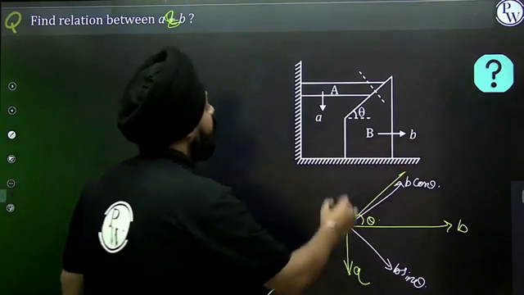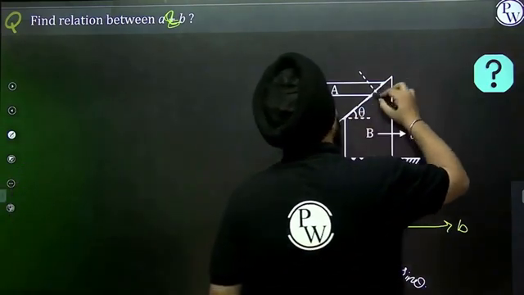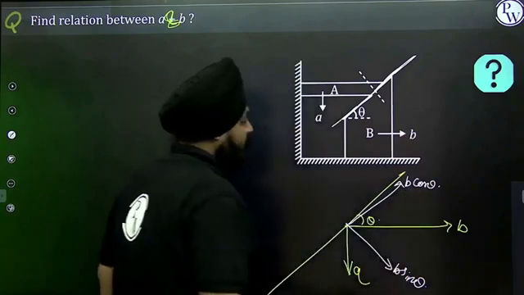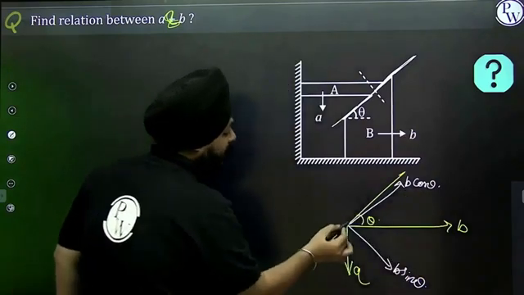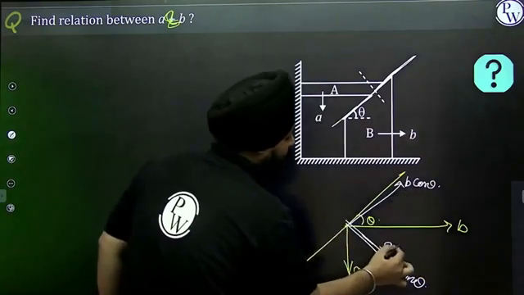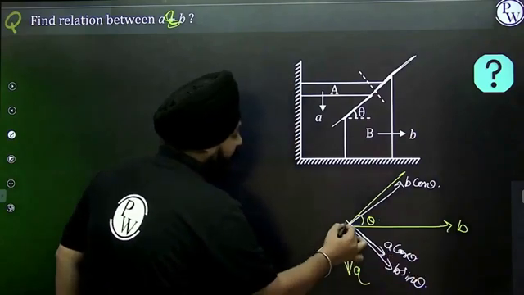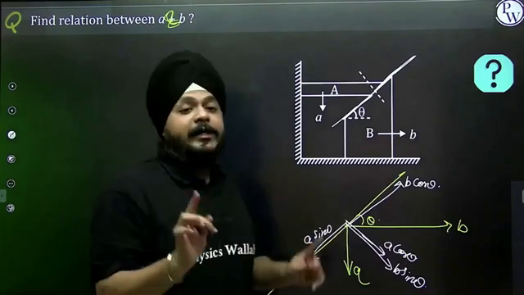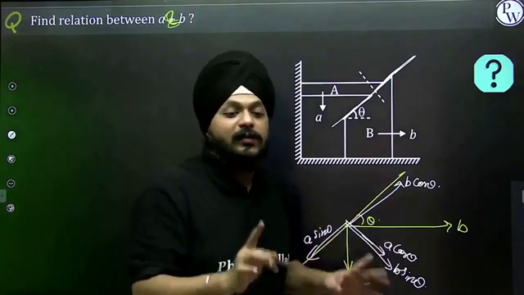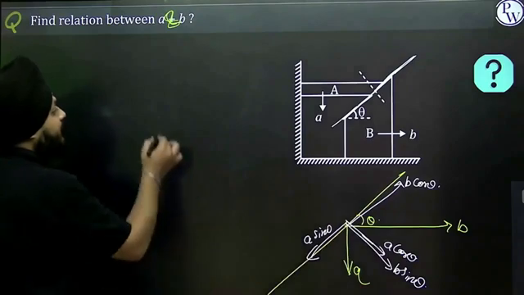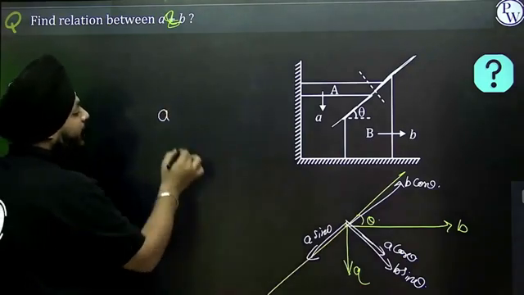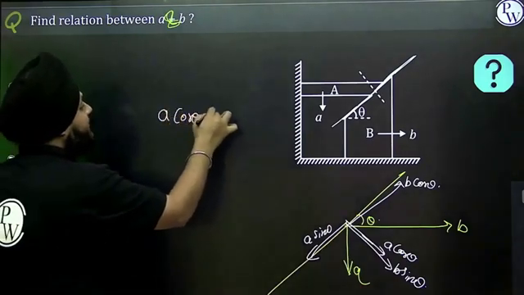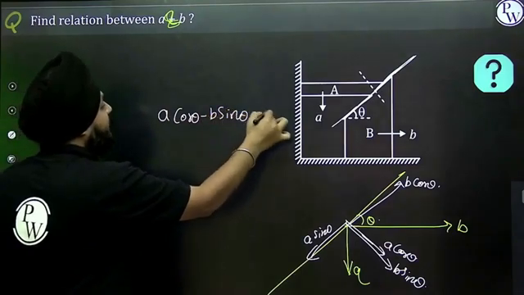This will be our contact surface. Now suppose this is A, then this will be A cos theta, and this will be A sin theta. Relative of perpendicular components: A cos theta minus B sin theta is 0.